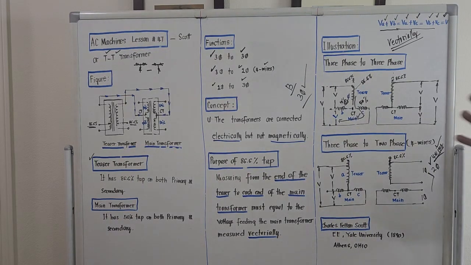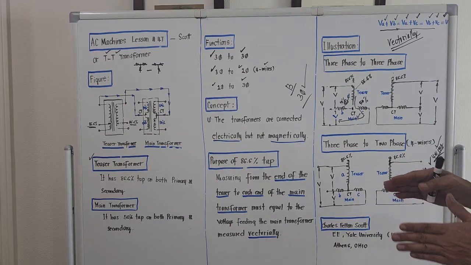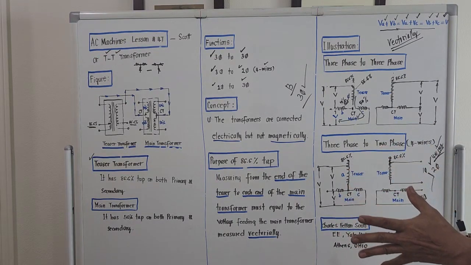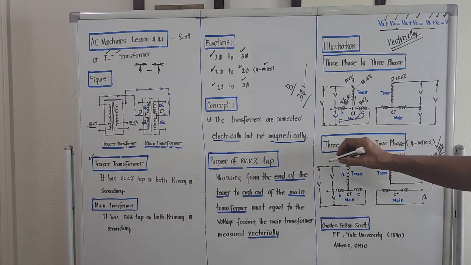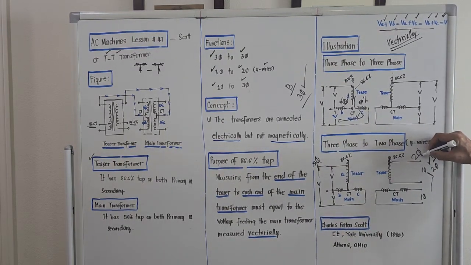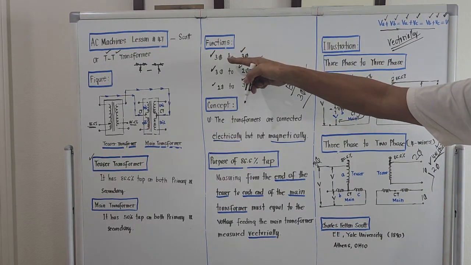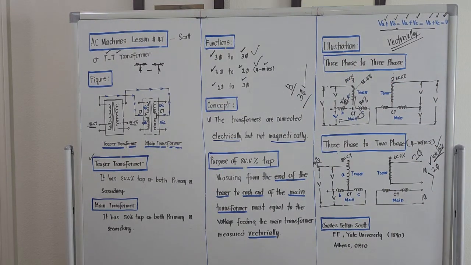So this TT transformer is very flexible, because if we change the connections of the terminals, we can make a three-phase to two-phase. First one is three-phase to three-phase.